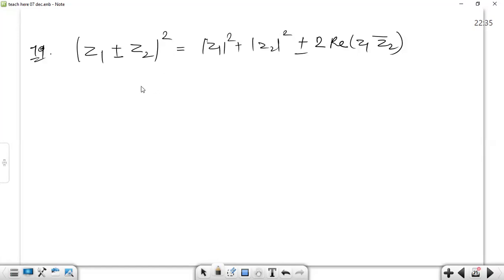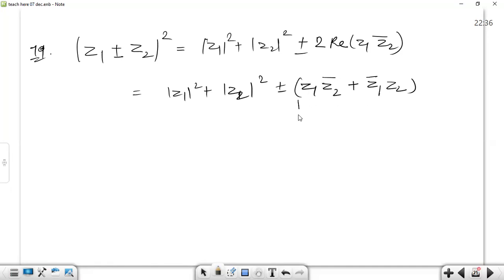One that we can also write is plus minus Z1, Z2 conjugate plus Z1 conjugate into Z2. Remember the significance of the small brackets here. If you don't remember them, it will change the game.